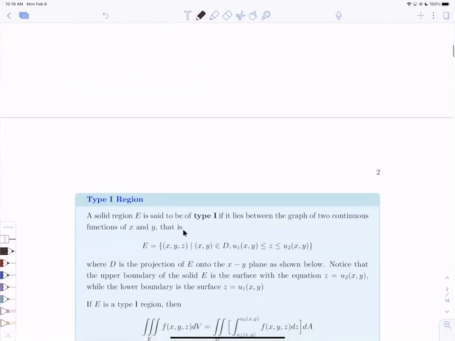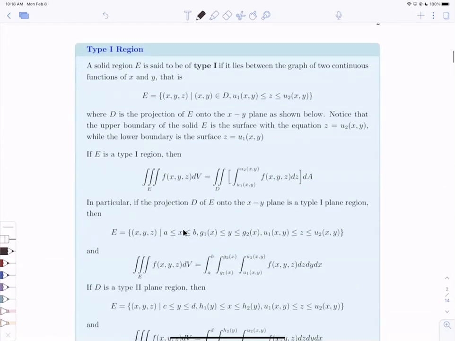You will get a general solid. In this case, we will have 3 different types of general solid region. Type 1 says that E lies between the graphs of two continuous functions of x and y. Your (x,y) is in D, where D is just like the region we talked about before in double integral. This region is the projection of E onto the xy plane, as shown below.